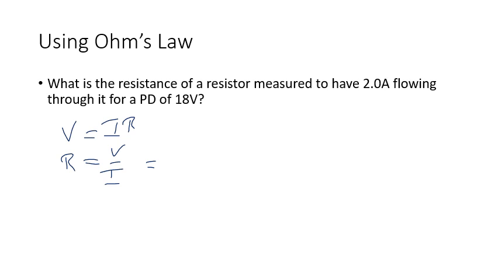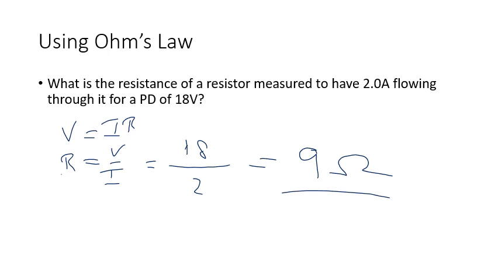And so what have I got? I've got 18 divided by 0.2. Not very difficult. 9. And unit ohms.